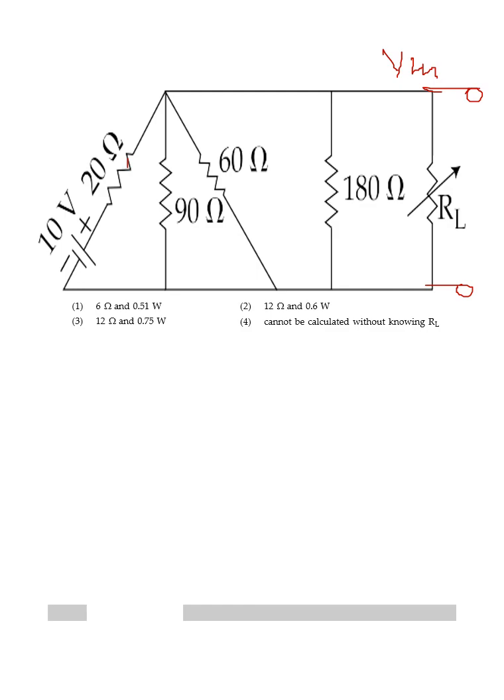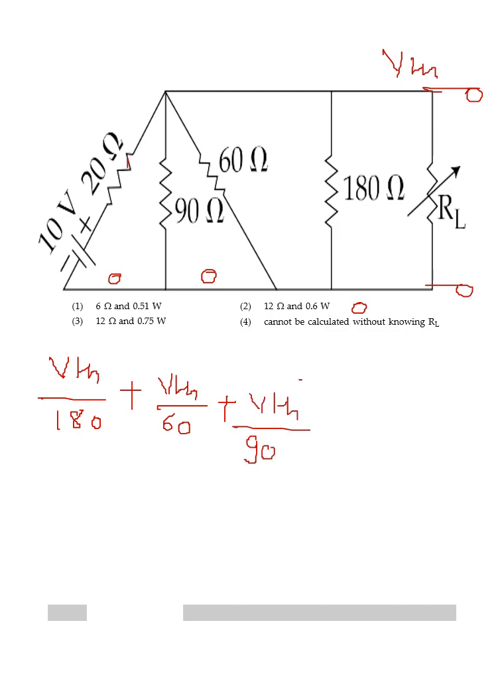As we know, we can apply nodal analysis, right? If we apply it, we get VTH divided by 180, because we are taking the reference voltage as 0, so throughout this way the whole voltage will be 0. So VTH by 180 plus VTH by 60 plus VTH by 90, right? Plus (VTH minus 10) divided by 20, and that is equal to 0.